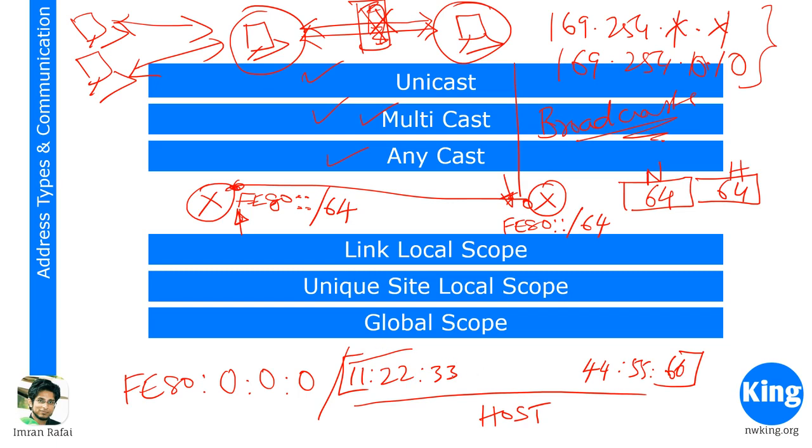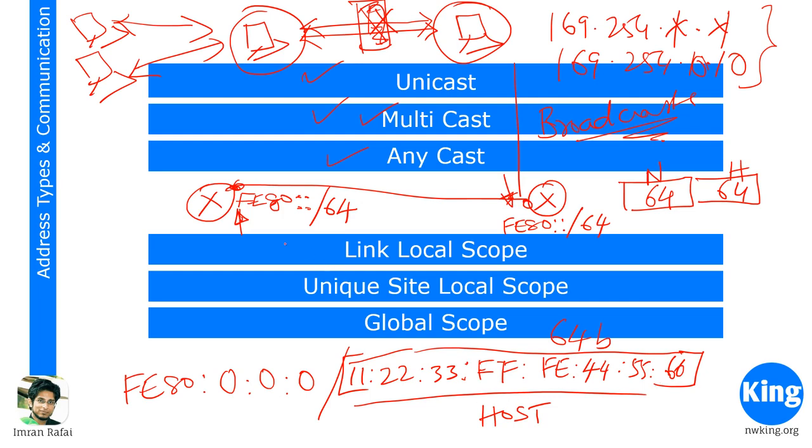How it generates is, it takes the MAC address and breaks it into 2. So you have 6 hexadecimal digits on the left and 6 on the right, and in between it adds FF and FE, and it creates a 64-bit block for the host part of the IP address. Now you know 112233 445566 is a MAC address, and a MAC address is unique for every device.